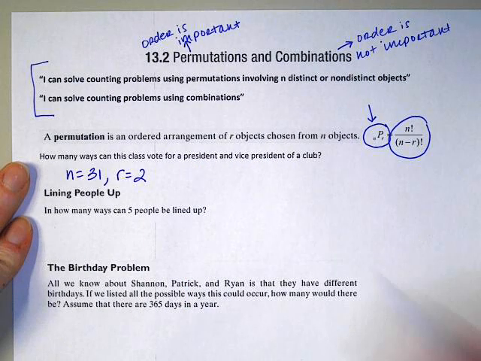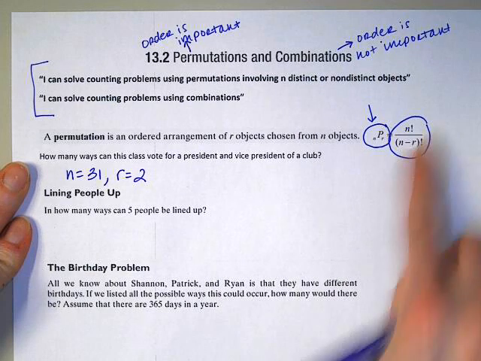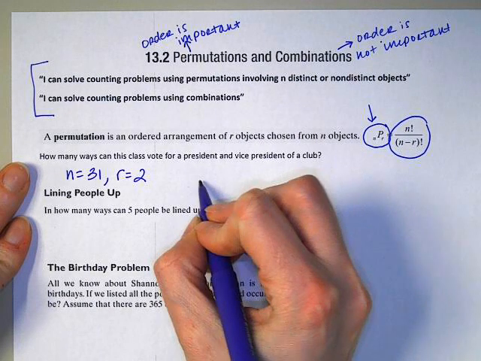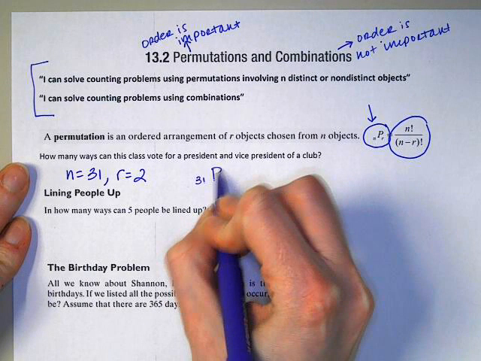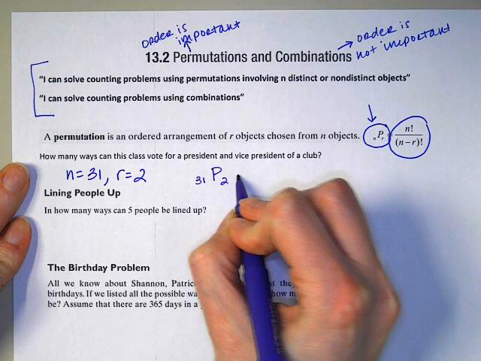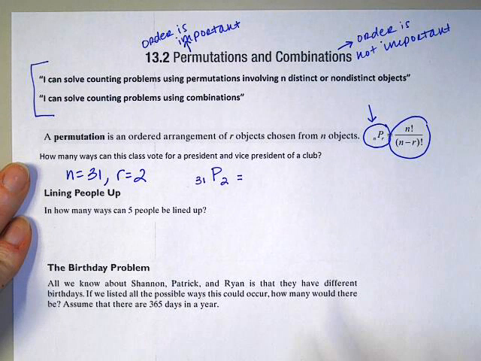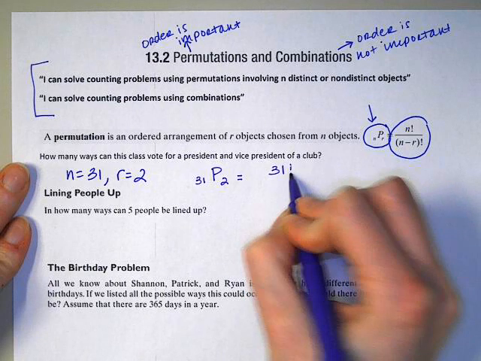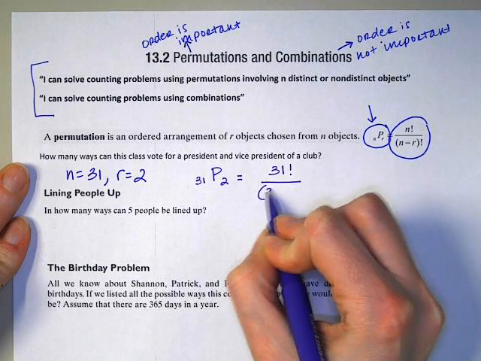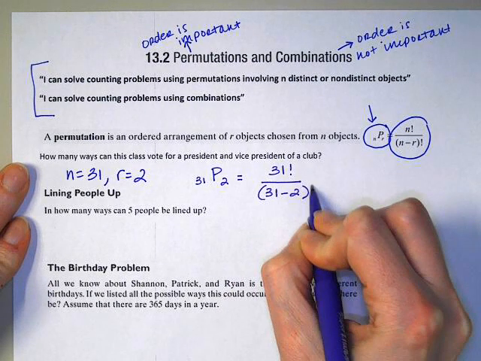Okay, so either in the calculator or by manipulating this formula, you are doing 31P2. And if you want the formula, that would be 31 factorial over 31 minus 2 factorial.